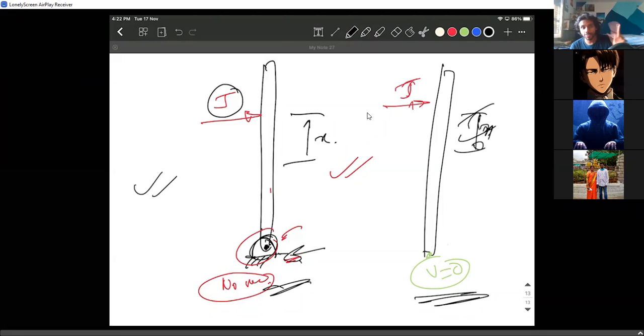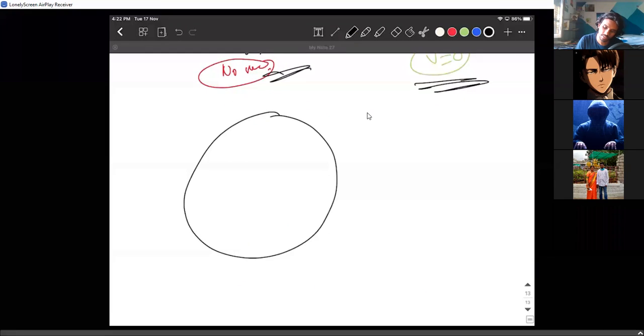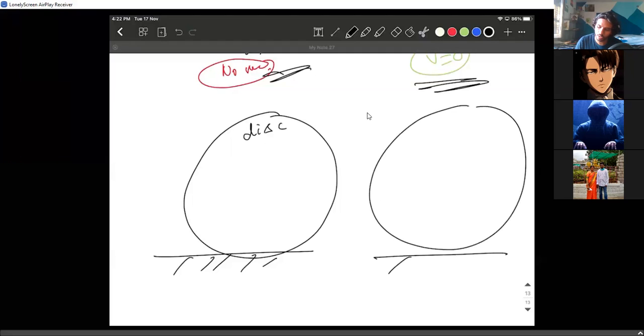Now I'm going to give you a small hint. Do you know, for a disk, or a sphere, hollow or solid, let's just take a solid sphere.